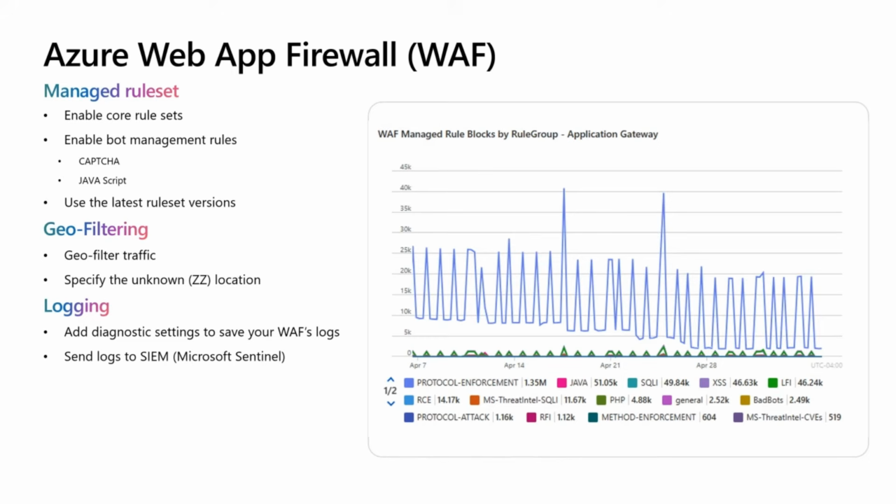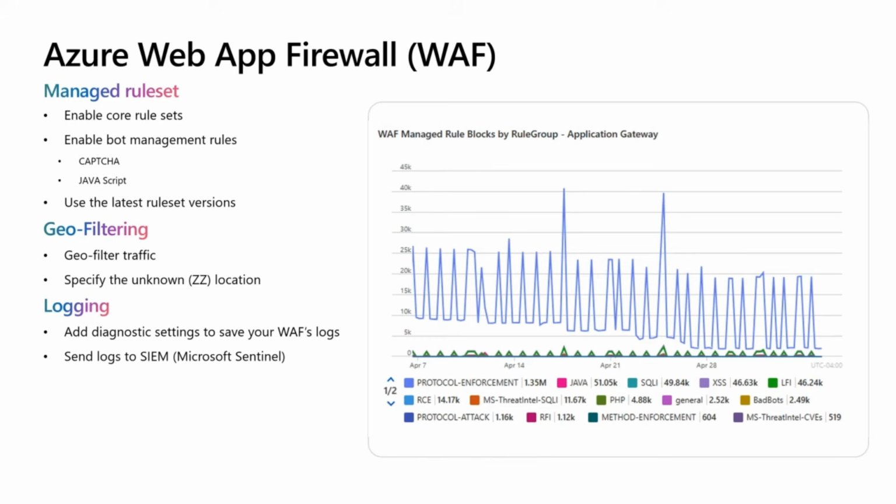You can also enable geo-filtering. With geo-filtering, you're able to restrict access to your applications. You can filter based on geographic location. For example, you can filter traffic that's coming from countries or regions you don't expect to receive any traffic from.